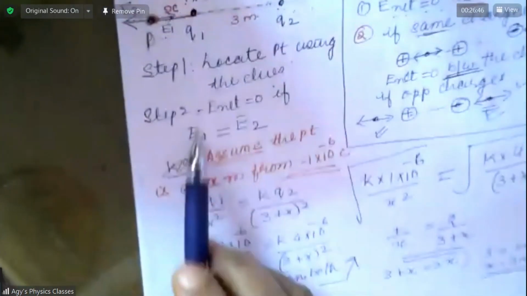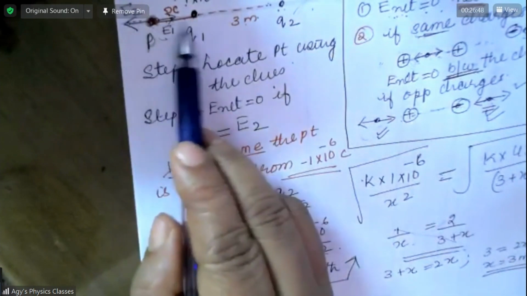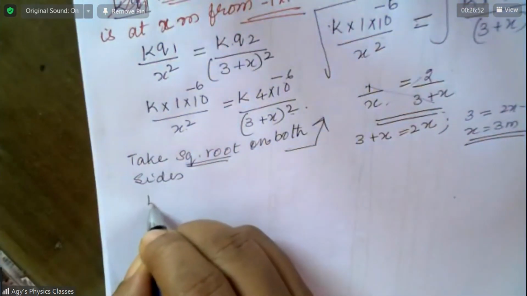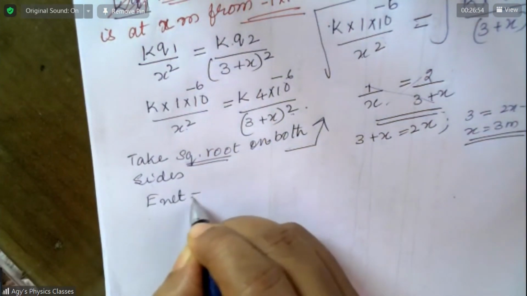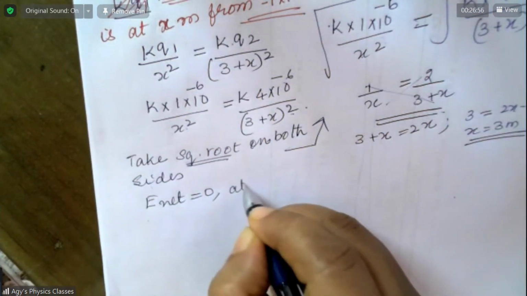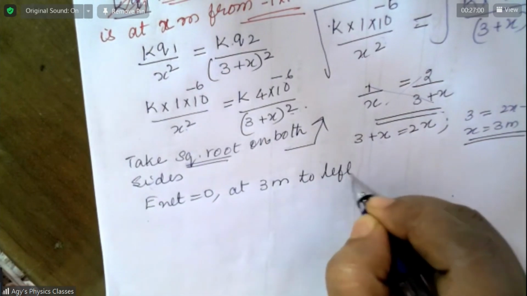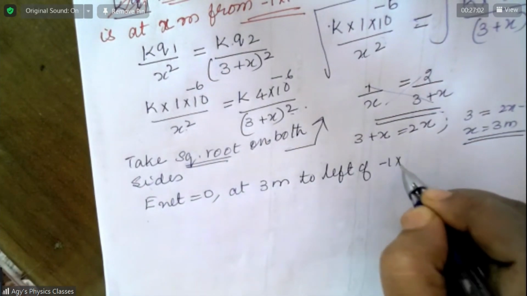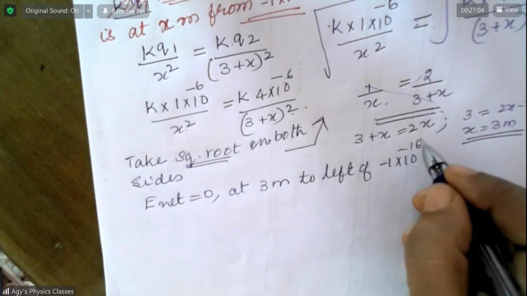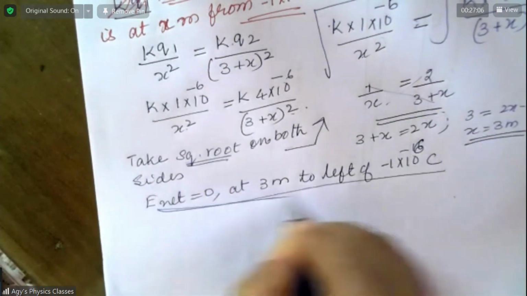So this distance is 3 meter. So finally you write E net will be 0 at 3 meter to the left of -1 into 10 to the power of -6 coulomb. This is the final answer.